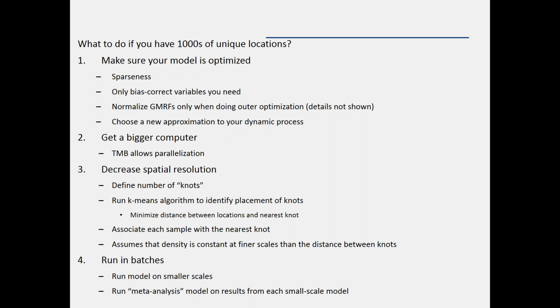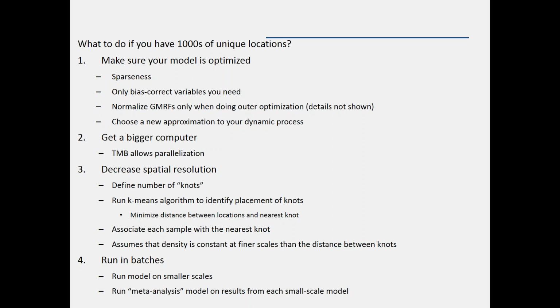If you want to, you could use a Matern that has first order adjacency instead of second order adjacency, which is not what INLA typically does, but it's about twice as fast. And I'm not going to go into details about why INLA does it. But you can always explore new approximations to your process that make a model run faster.